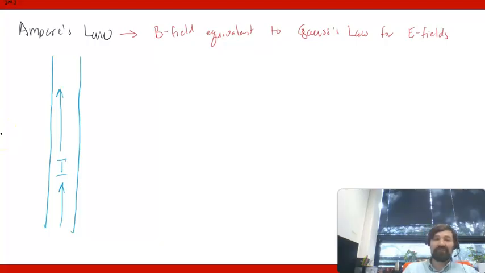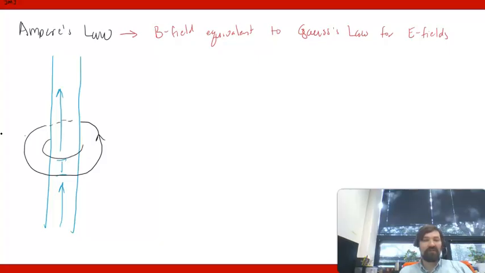Well, we know from the Biot-Savart law, or really from mapping it out with magnets and compasses, that there are field lines that look like this. They make circles about this wire, and those field lines can be integrated about.